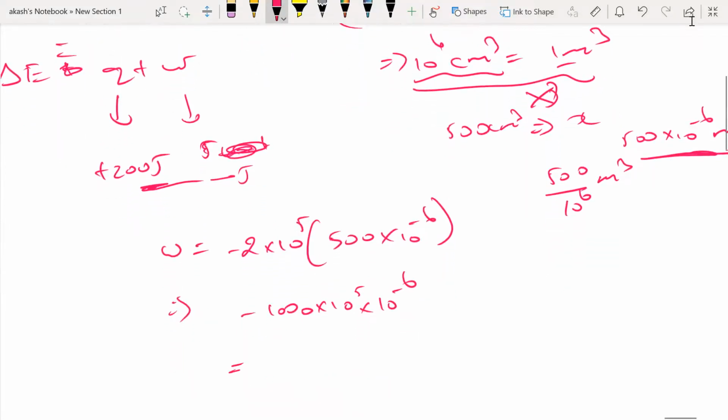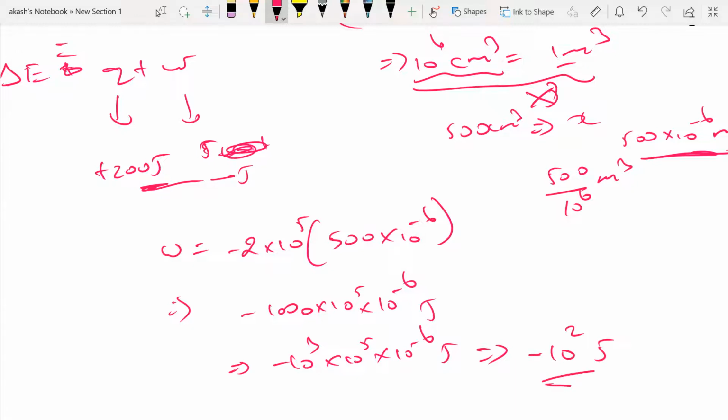So I think you will be able to write 1000 also as 10 to the power 3, so minus 10 to the power 3 into 10 to the power 5 into 10 to the power minus 6, joules, obviously. So the exponent is minus 6 plus 5 plus 3, that is 10 to the power 2. So minus 10 to the power 2 joules.